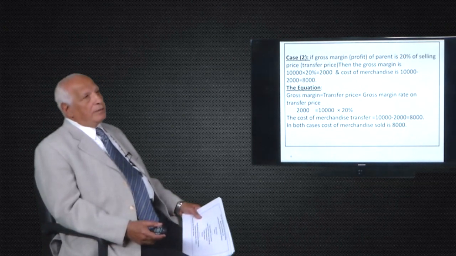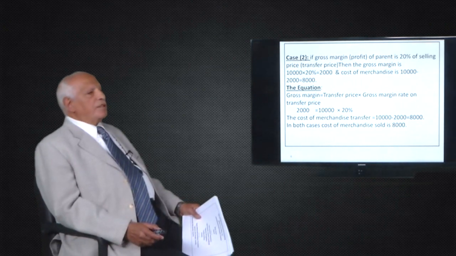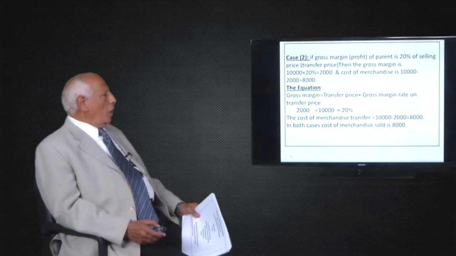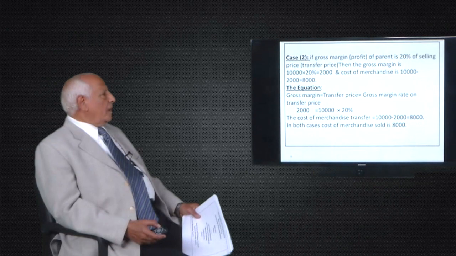The equation for this case number 2: gross margin equals transfer price multiplied by the gross margin rate on transfer price. Here, 10,000 multiplied by 20% gives you 2,000.